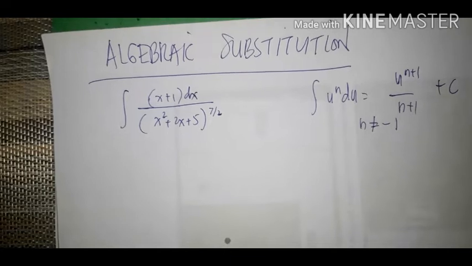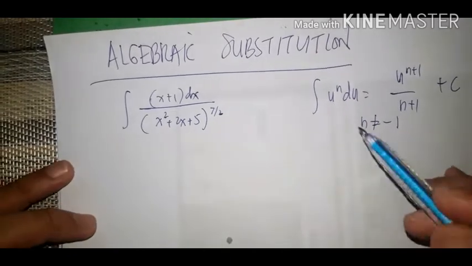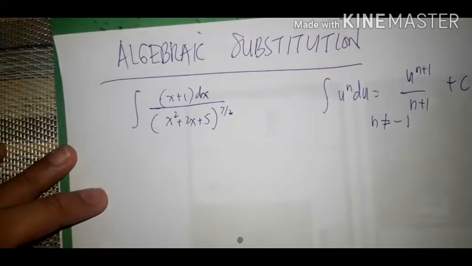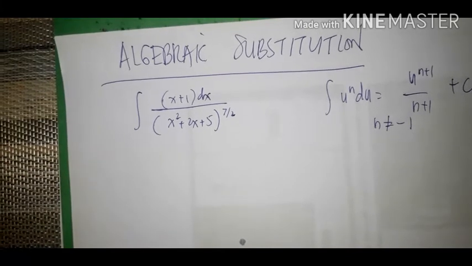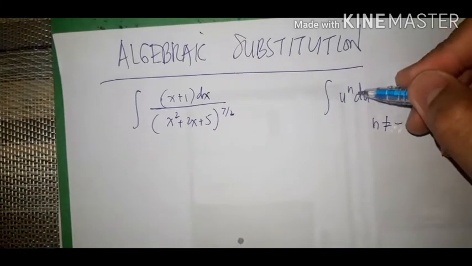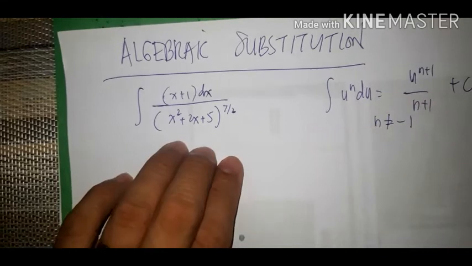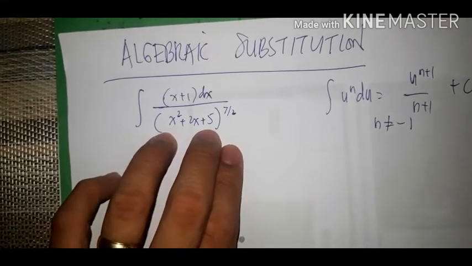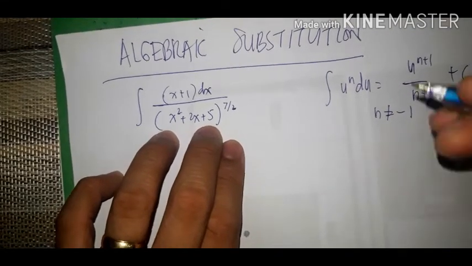So we use u substitution. You set a certain variable u for the function, as long as it is raised to a constant exponent. In our case, we have x squared plus 2x plus 5 raised to 7 halves.